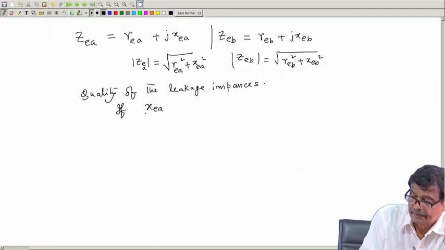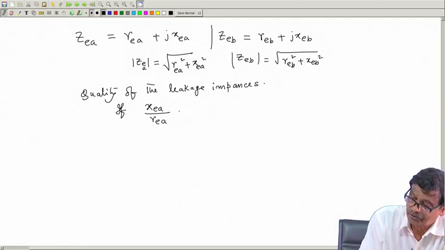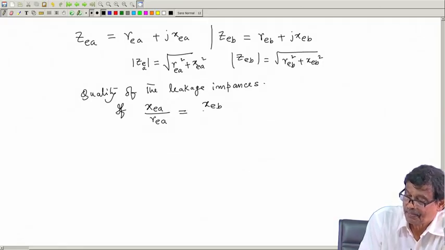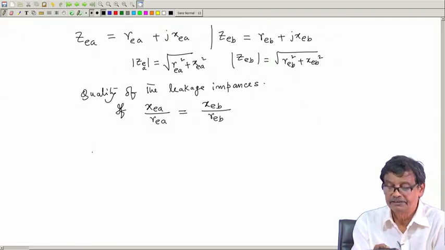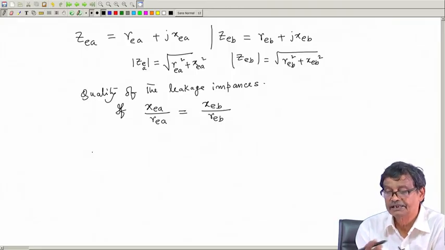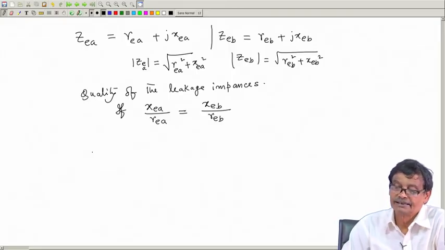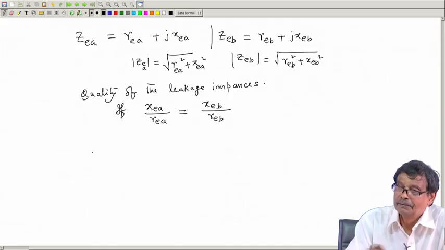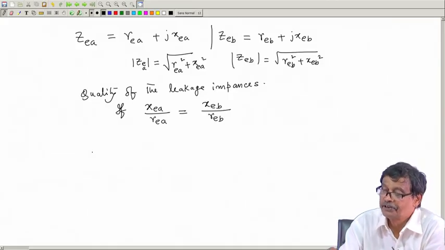XCA by REA, the angle of these impedances is supposed to be the same. So, the leakage impedance angles are the same, and I will put the magnitudes in the inverse ratio.